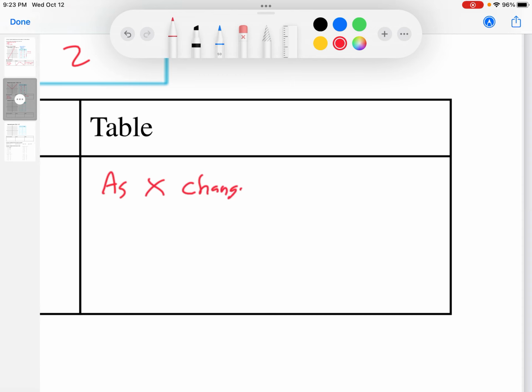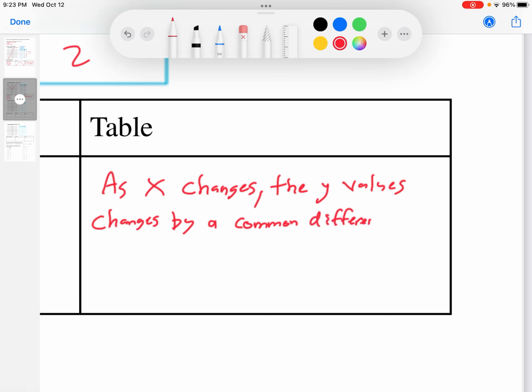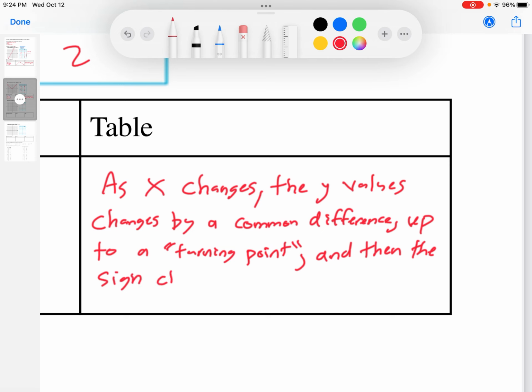As x changes, the y value changes by a common difference up to a turning point, and then the sign changes of the common difference, and it continues.